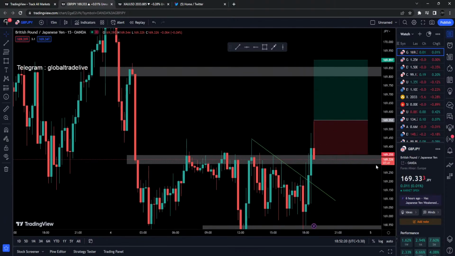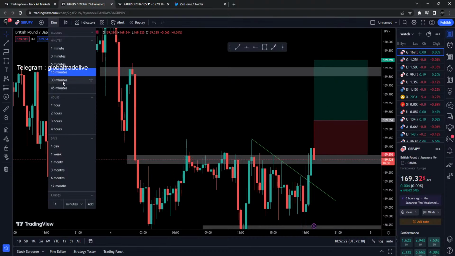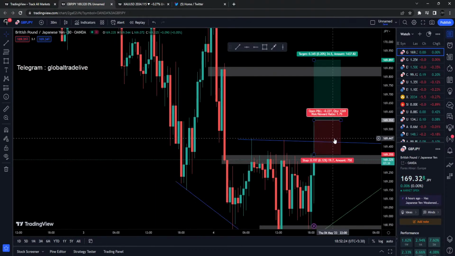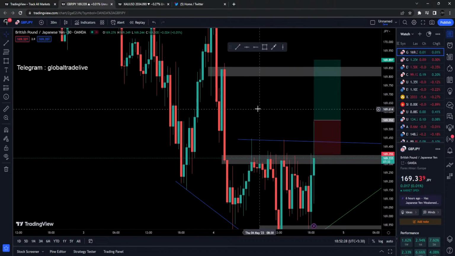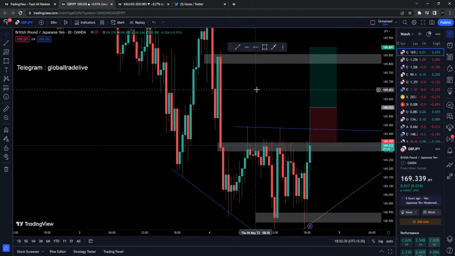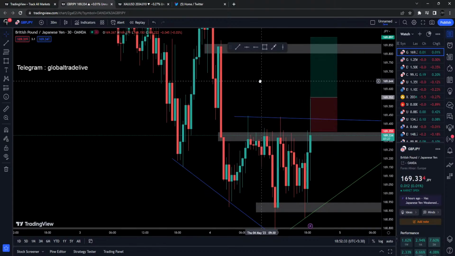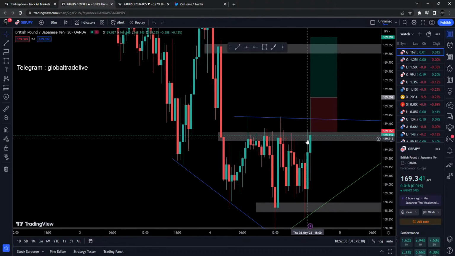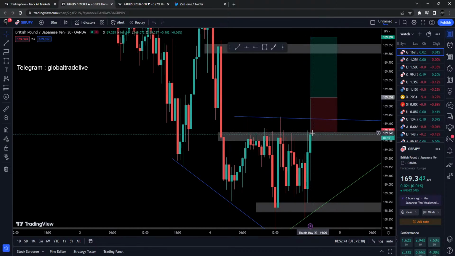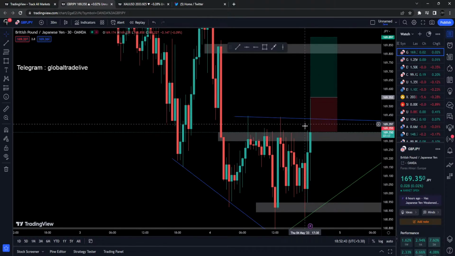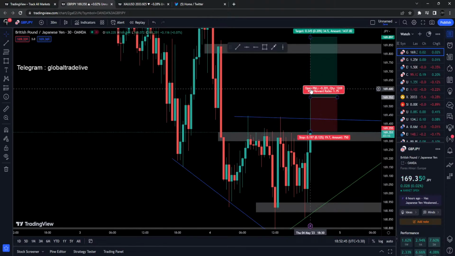So still got 7 minutes left over here, and I still think this candle should move up from here. Look how big this move was. It trapped everybody who entered on this wick.